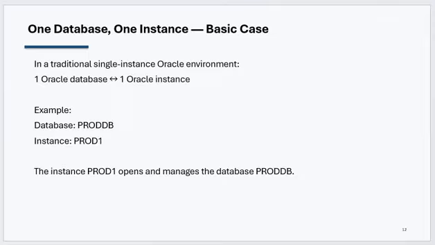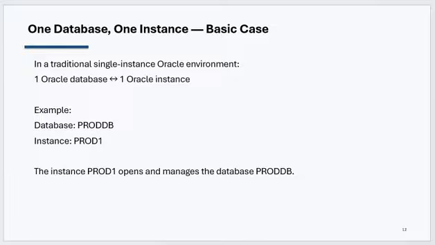Now we will understand this for absolute beginners in a basic single instance Oracle environment. We normally have one database and one instance accessing that database. For example, imagine we have a database called ProdDB and an instance called prod1. The prod1 instance starts and opens the ProdDB database.